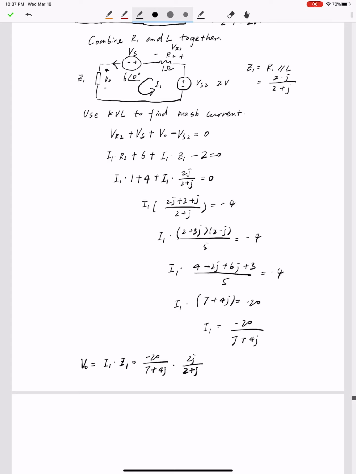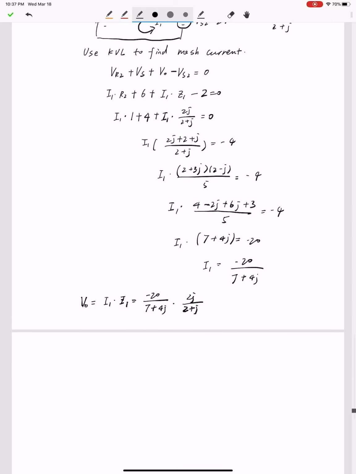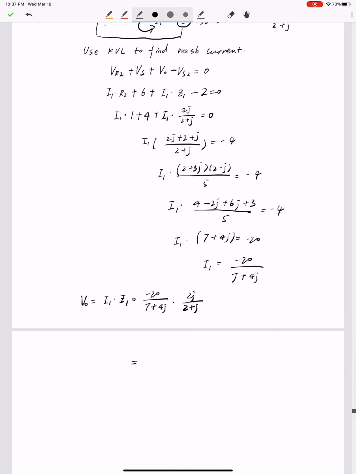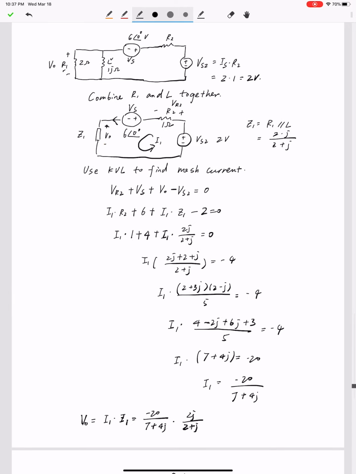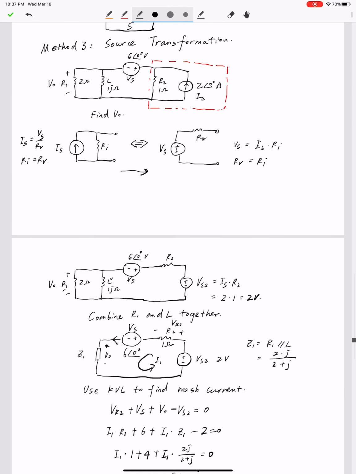We can find the result of this calculation. The top side, after multiplying by (2 plus j), is minus 40j. That's how we solve this problem by using source transformation.